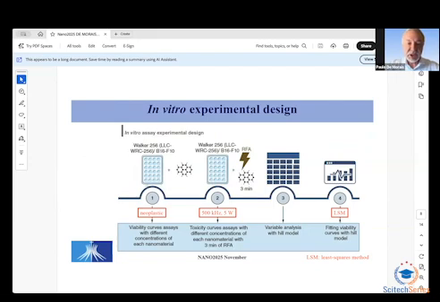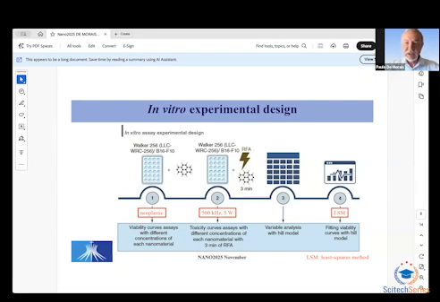In the first experiment, the two cell lines were incubated with the nanocomposite, with increasing concentration of the nanocomposite. In the second experiment, the same two cell lines were incubated with the nanocomposite, also with increasing concentration of nanocomposite. However, the radiofrequency therapy was applied.